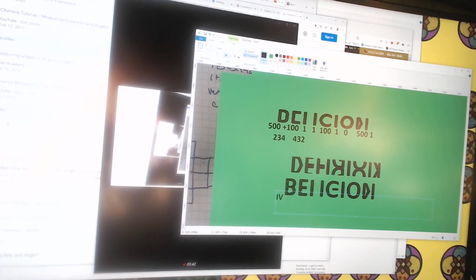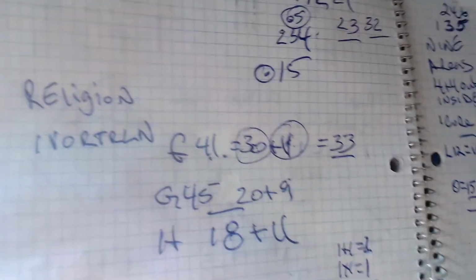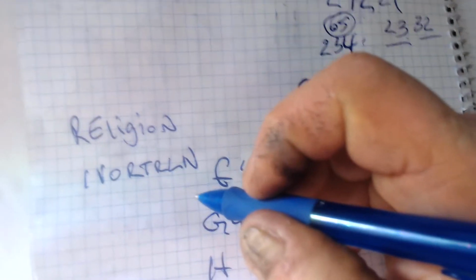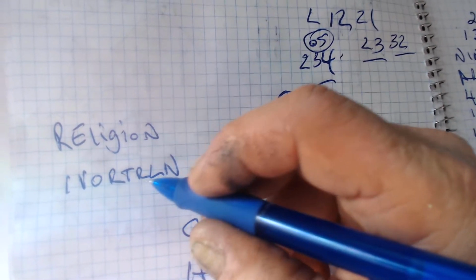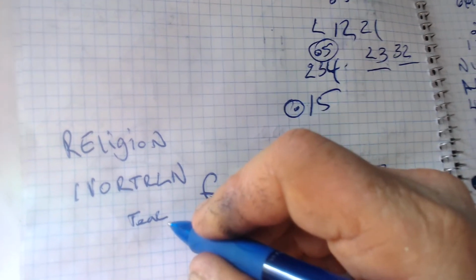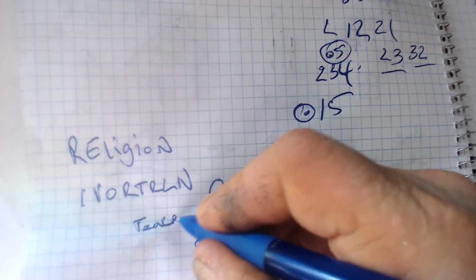O is L. So this is what it's going to say, right? Ivor Trillin. Ivor Trillin. Ivor Trillin. So it would be Ter Ellen.